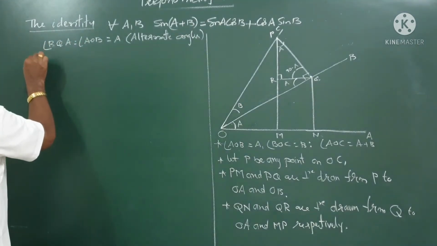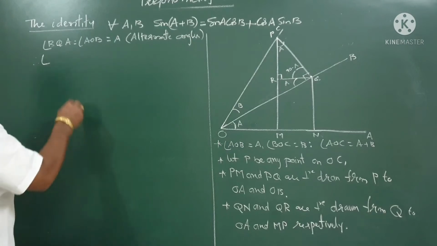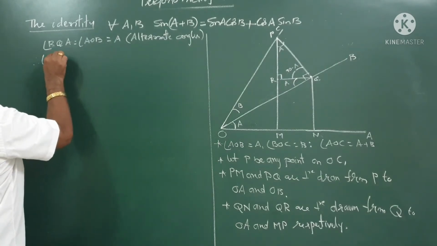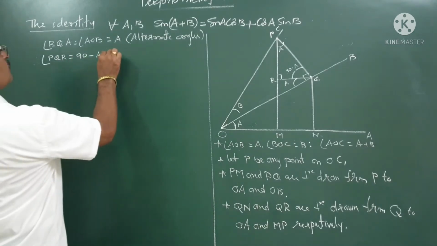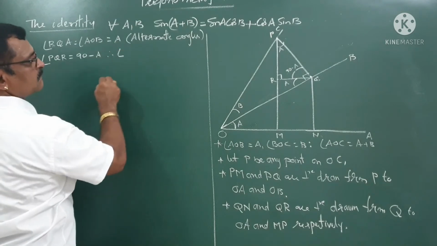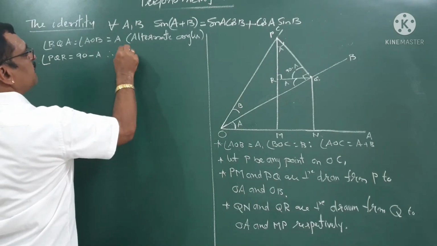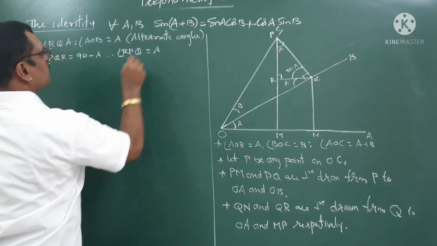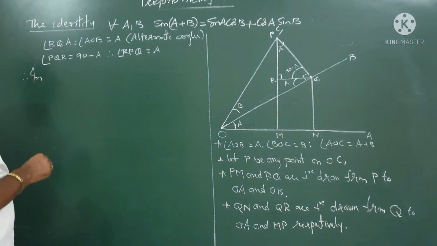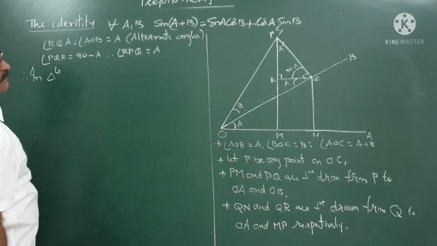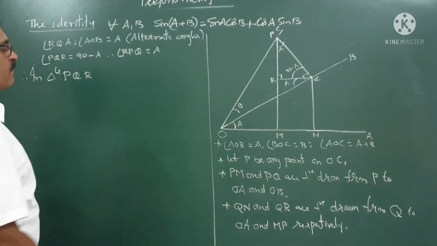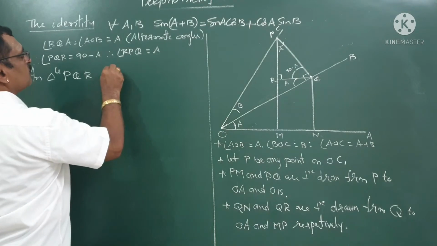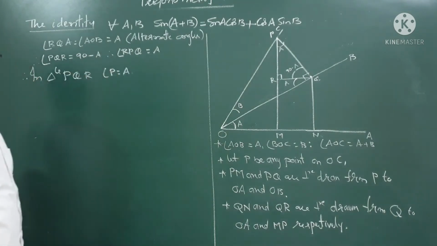Therefore, angle PQR is equal to 90 minus A. Therefore, angle RPQ is also A. Therefore, in triangle PQR, angle P is equal to A. Yes. So the construction part is over.